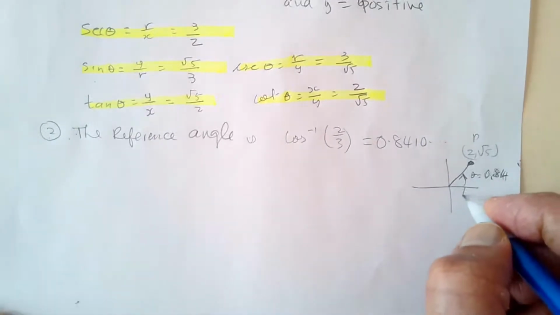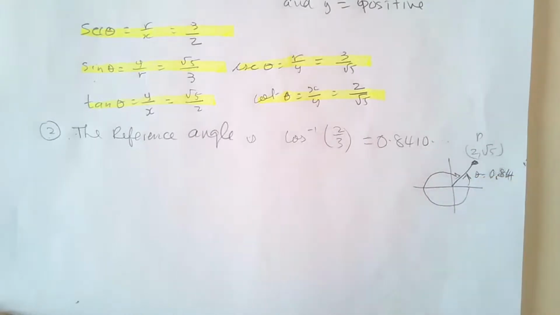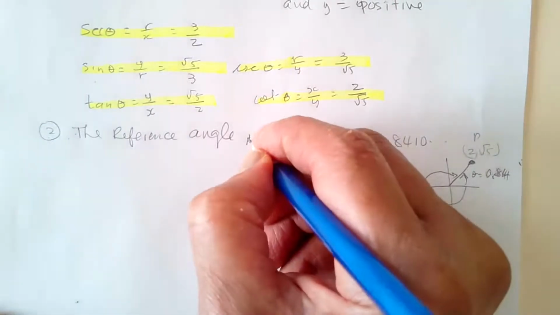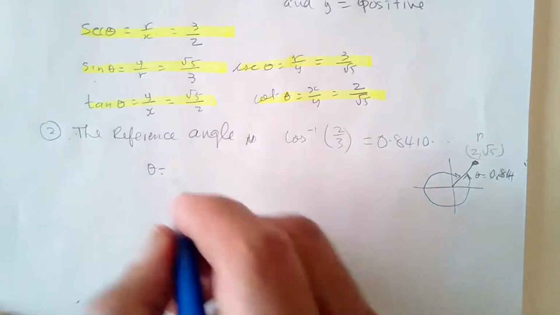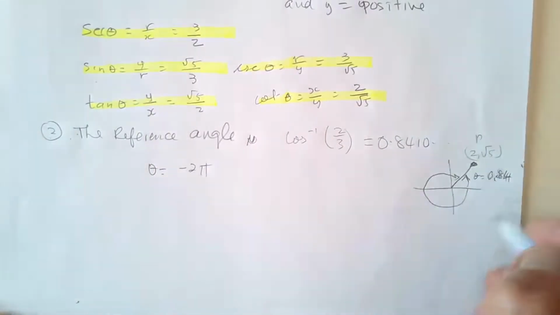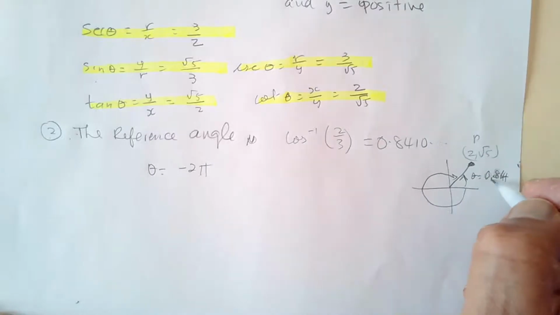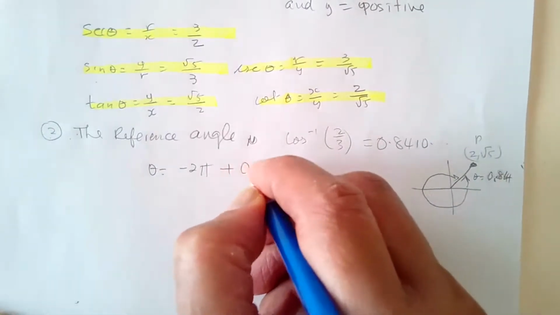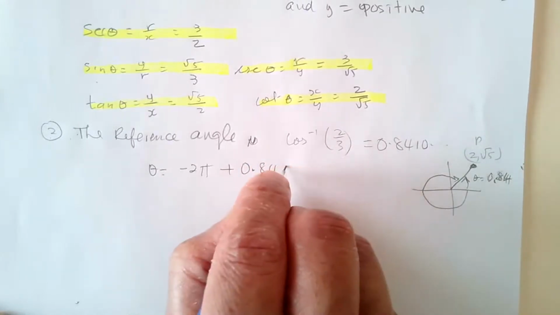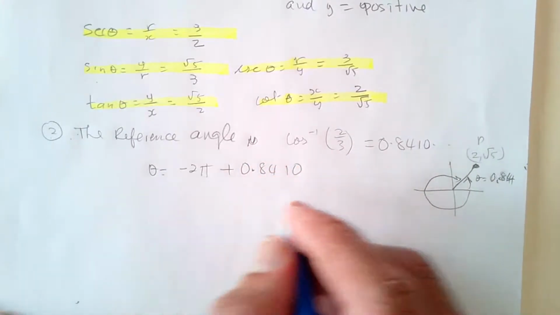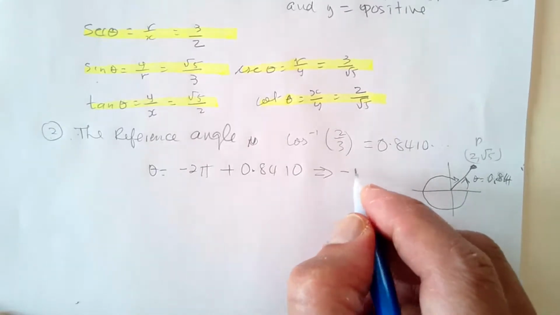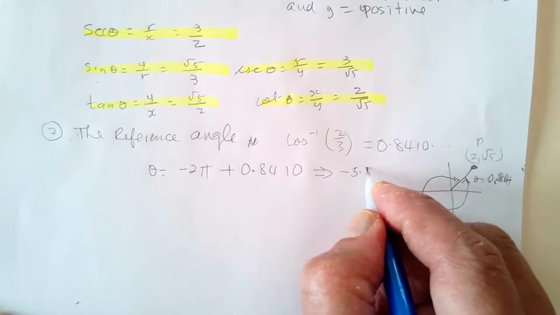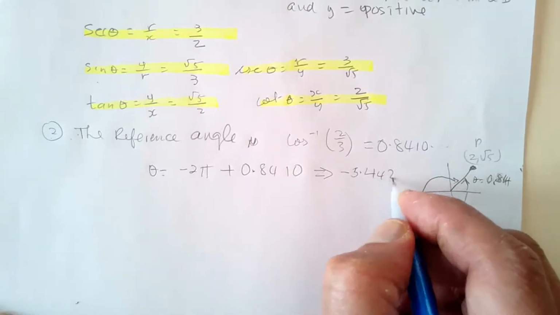Next, we will find the negative angle. Theta then will be negative 2 pi, as we go in the other direction, plus 0.8410, which gives us negative 5.4421.